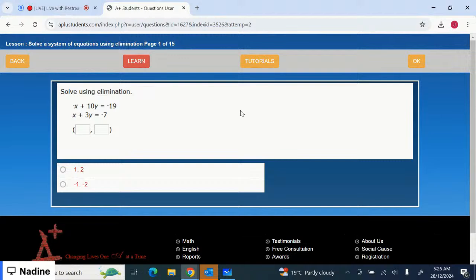Solve using elimination. Okay, so let me just write down the equations on the board.